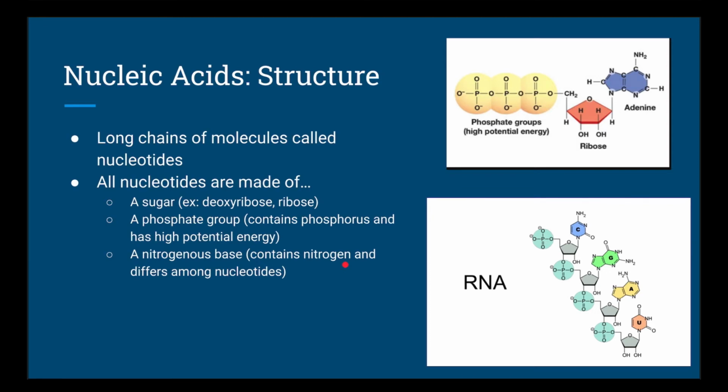So let's take a look at the basic foundation of a nucleic acid. So as I mentioned before, we have a sugar. And this diagram up here is just going to be a nucleotide. So we have one nucleotide here. All right.